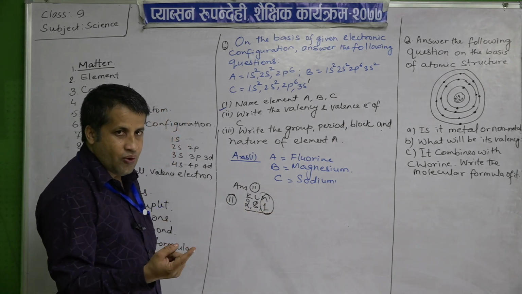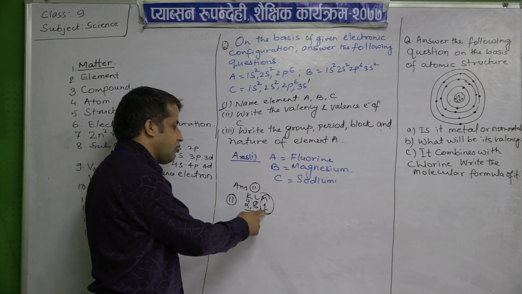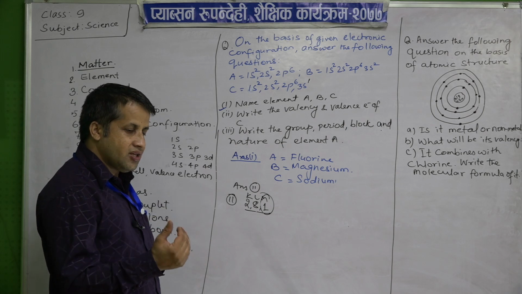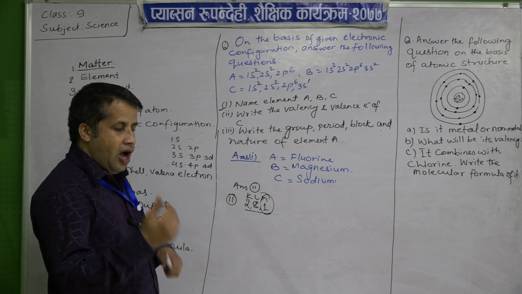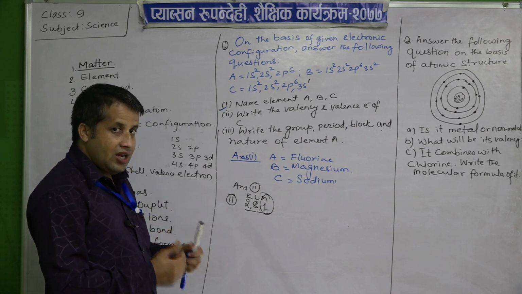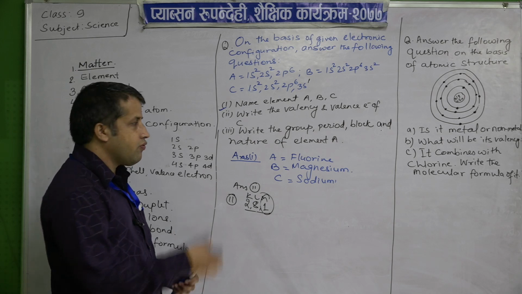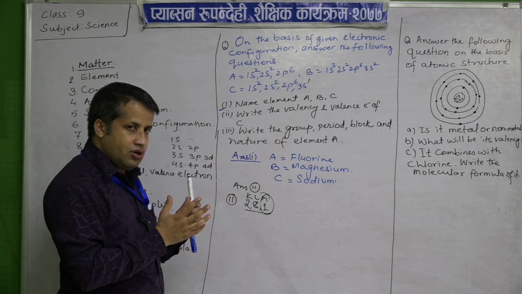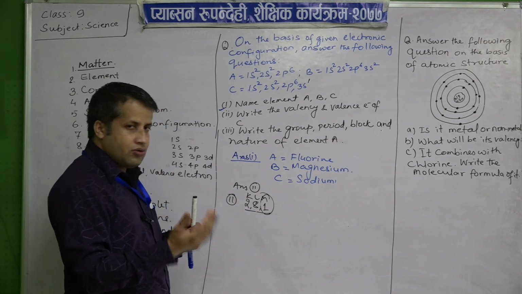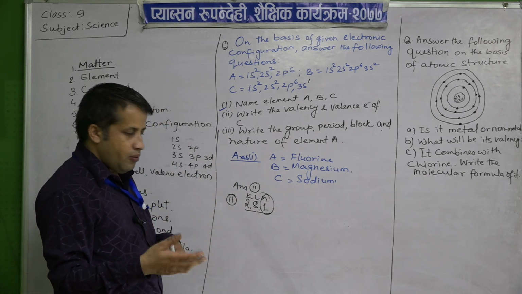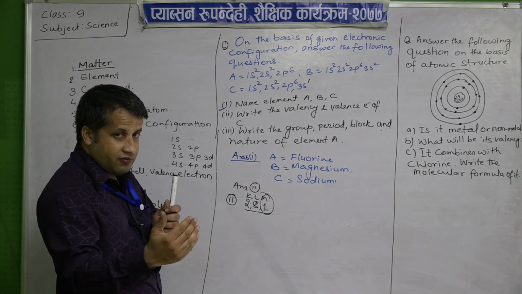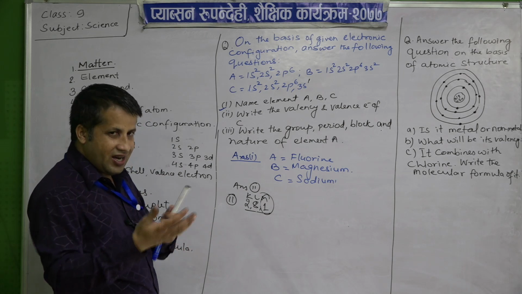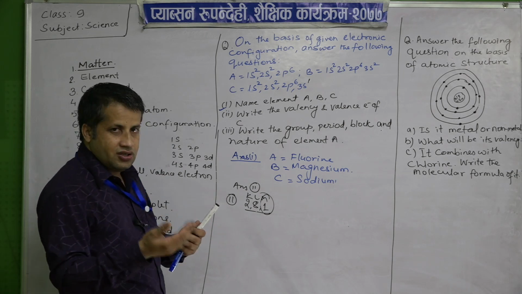So valency is 1, and the number of electrons in the outermost shell is also 1. With this you can understand what valency and valence electron are. Like that for other elements also, count all the total electrons and do the electronic configuration on the basis of shell, in the rough copy or in your mind. After that you can write the answer there.